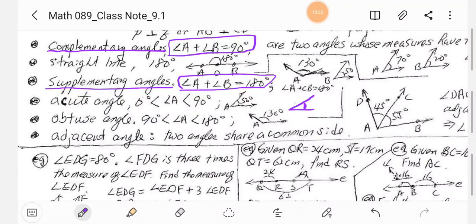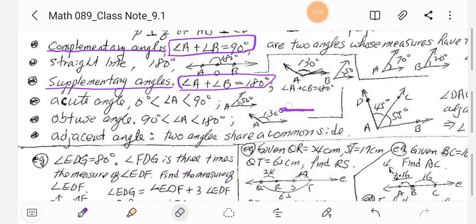Here is a right angle, 90 degrees, and if an angle is less than 90, then we call this angle acute. What if the angle is greater than 90? Something like this, starting from here. Then we call it an obtuse angle. An obtuse angle is an angle that is greater than 90 and less than 180.